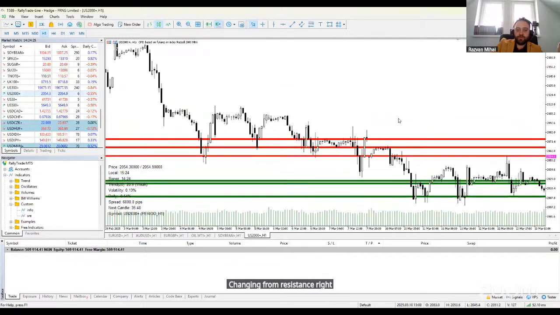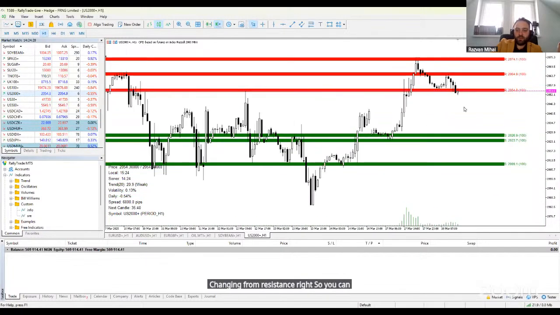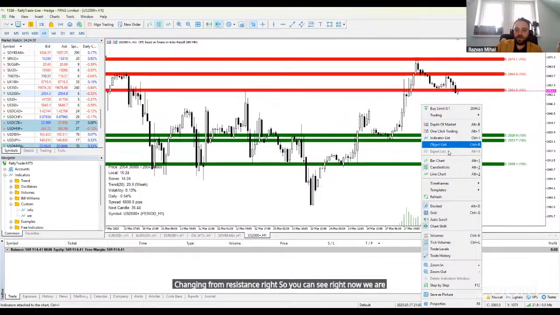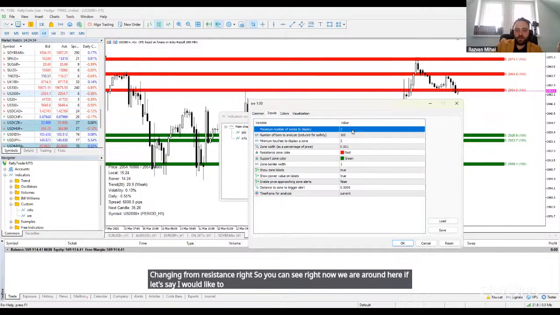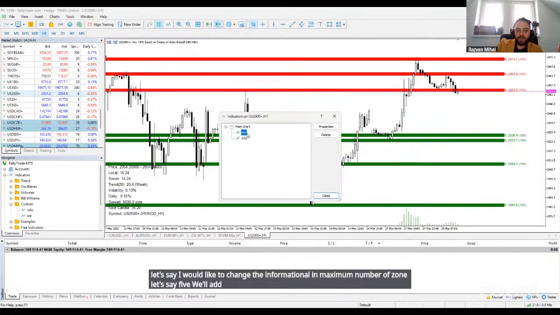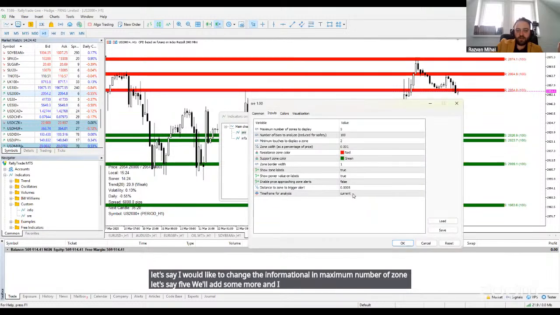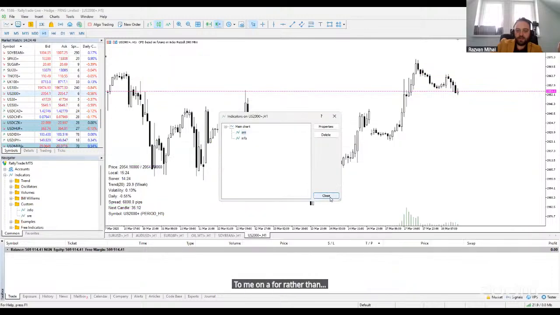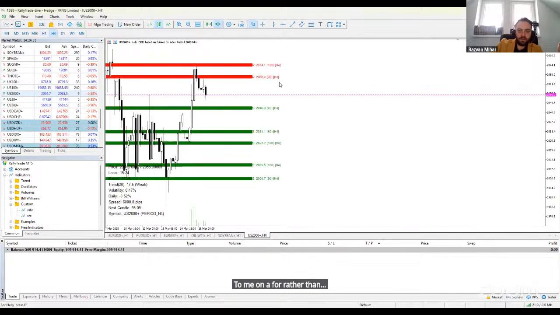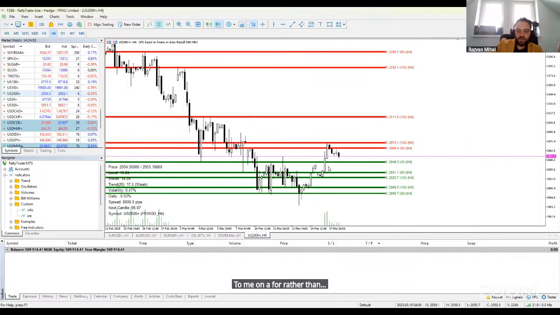So you can see right now we are around here. If, let's say, I would like to change the information in maximum number of zones, let's say 5. We'll add some more, and I would also want it to show it to me on H4 rather than H1. So this is H4, right? I have the support here.